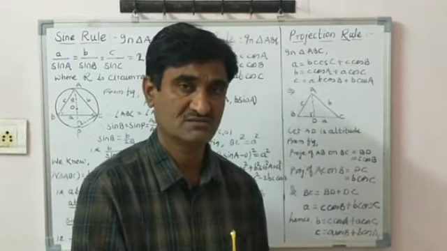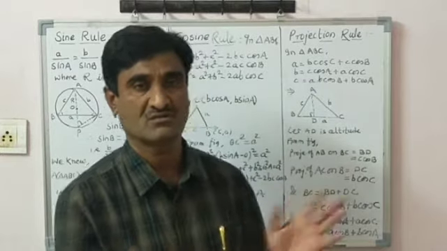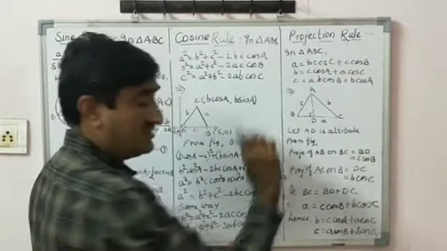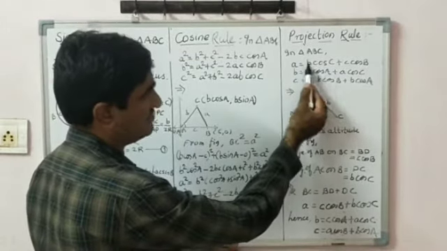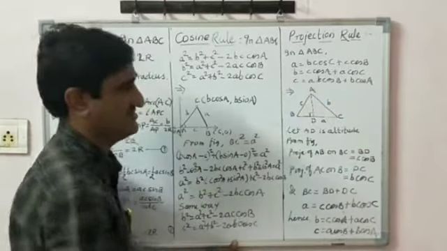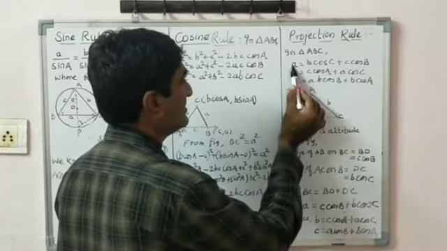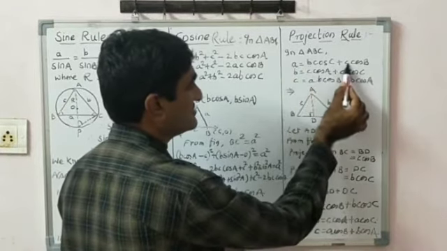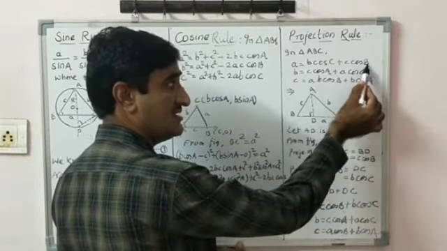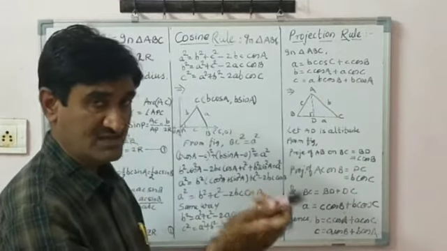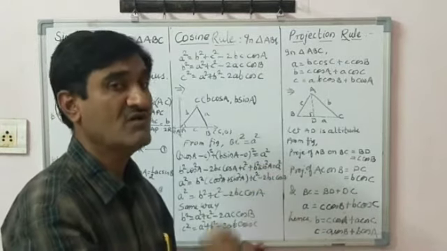Now the third rule is the projection rule. First, what is the projection rule? In triangle ABC, A is equal to B cos C plus C cos B. Observe here side A, side B, side C. Here side B, angle C, and side C, angle B. In cyclic way, the projection rule is also right in three forms.